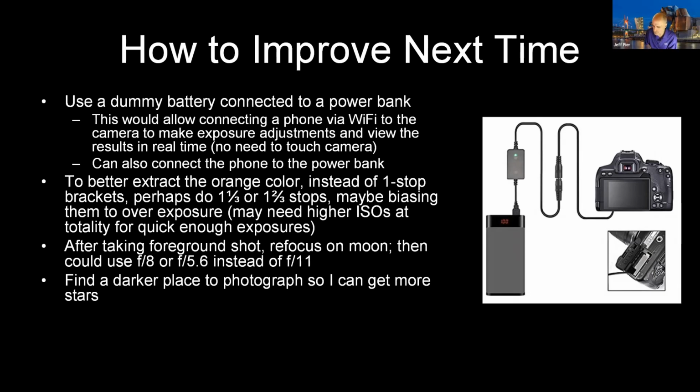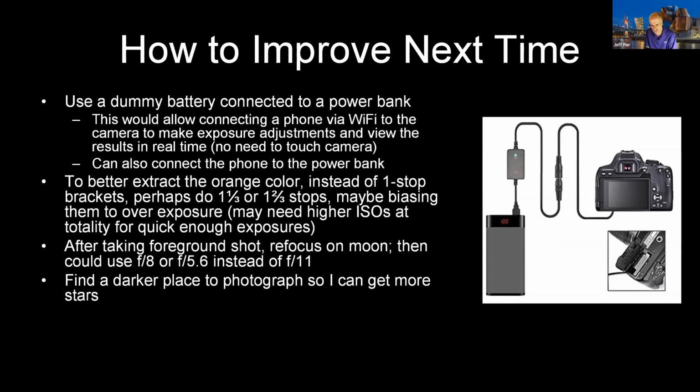Another thing I would do: I used this suggestion Michael Fry had of using F11 and focusing at the hyperfocal distance so that I'd get my foreground sharp and the moon should be acceptably sharp. But if I look closely at my moons, I think they're not as sharp as they should be. Maybe I didn't focus really at the hyperfocal distance, maybe a little too short of a focal distance.